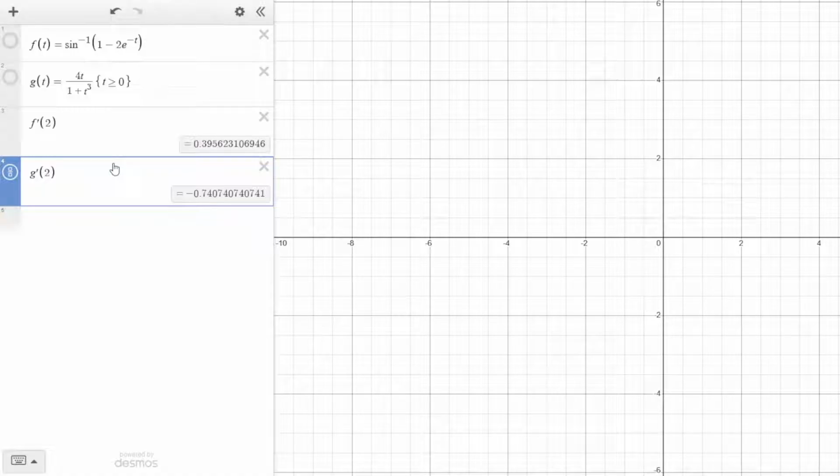If we're already reporting one decimal, I just report the other. 0.396 and negative 0.741. And then the speed of the object at time t equals 2 is going to be the square root of x prime of 2 squared plus y prime of 2 squared.